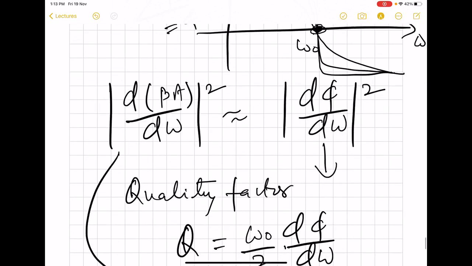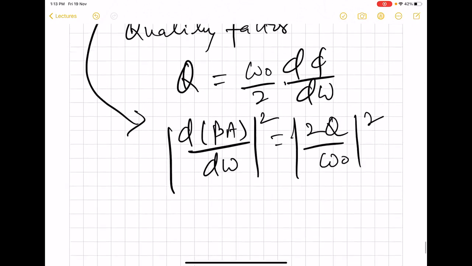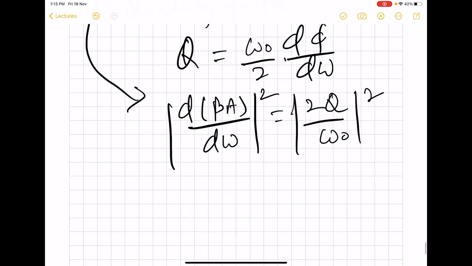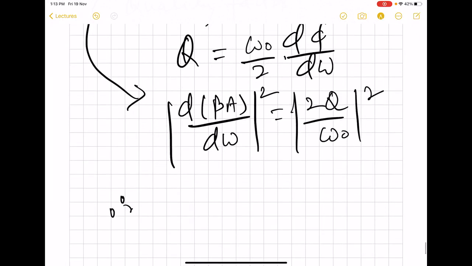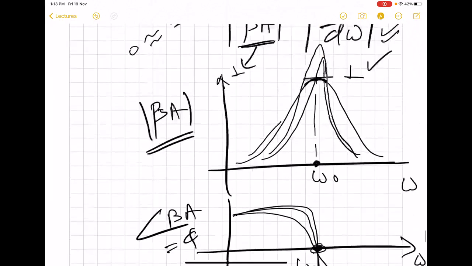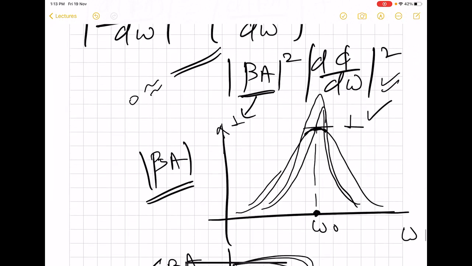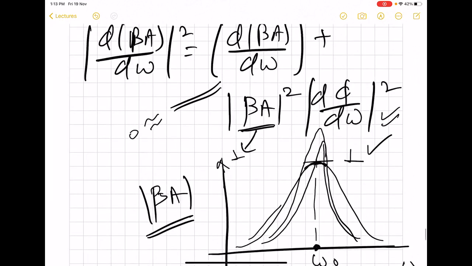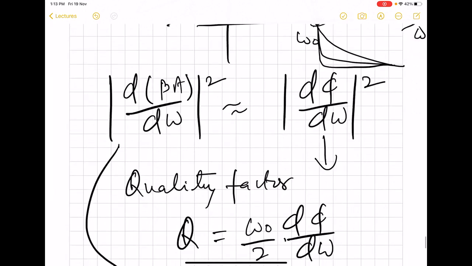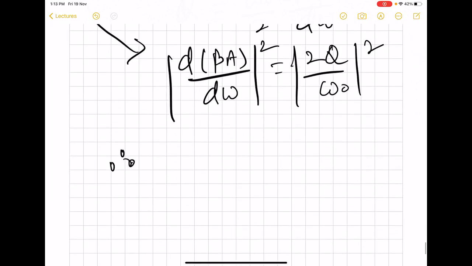So here we have substituted this in terms of the quality factor. So therefore, we can rewrite the square of the transfer function. In fact, here we had already written it. So the square is given by this factor.